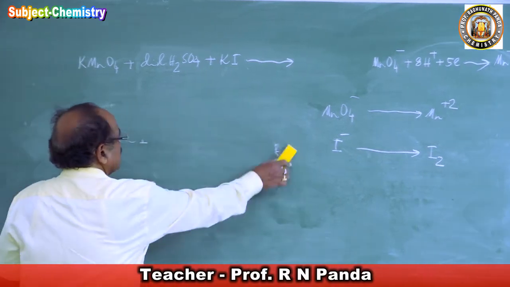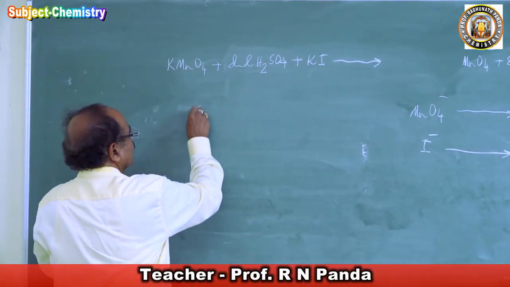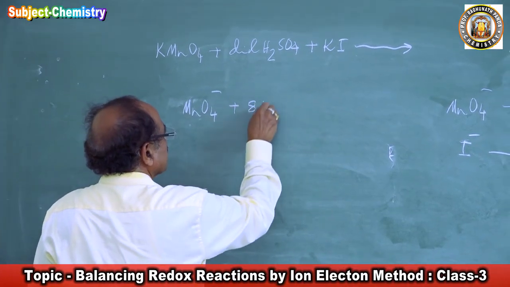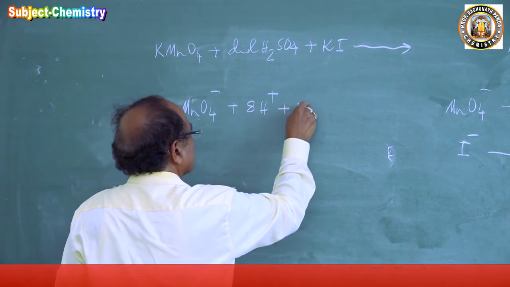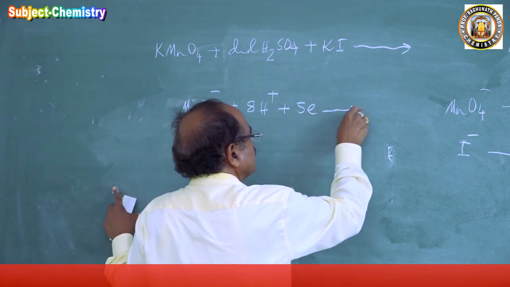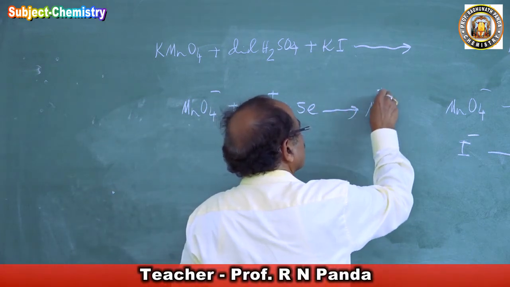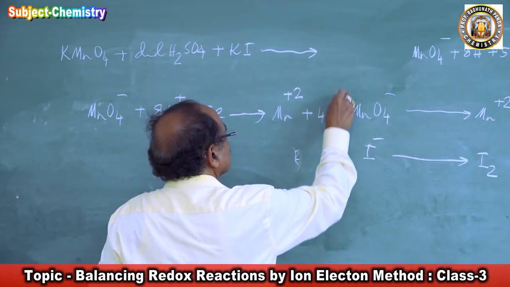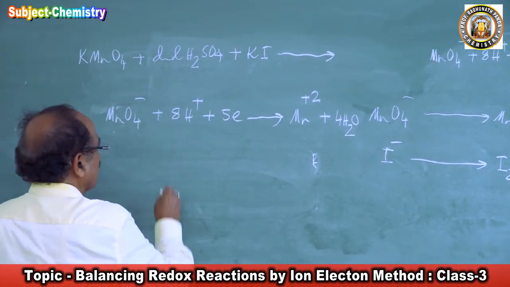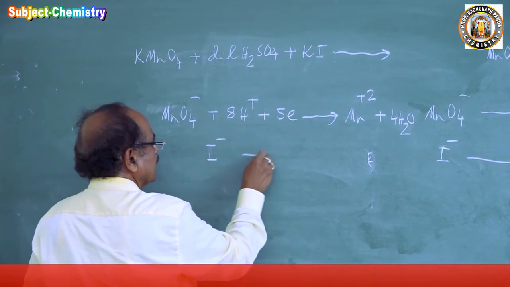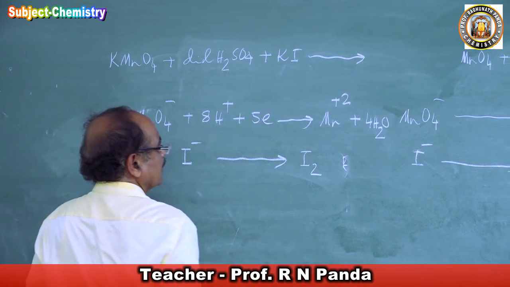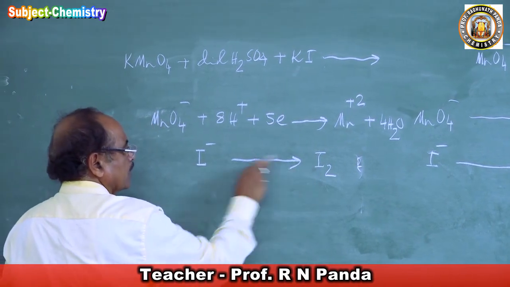So let's start. MnO4 minus, the standard equation I am using, is MnO4 minus plus 8H plus plus 5e forms Mn 2 plus plus 4 water. And iodide I minus is forming I2, iodine. So two iodine atoms are here.